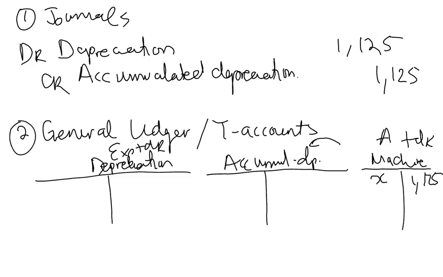And in your depreciation, you're going to debit your account with 1,125. And at the end of the year, you are going to take your amount of depreciation and take it to your accumulated depreciation, and that is how you deal with it.